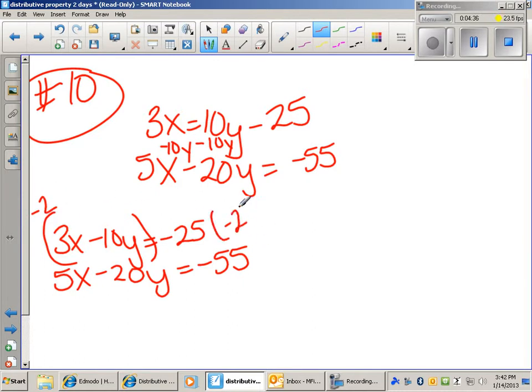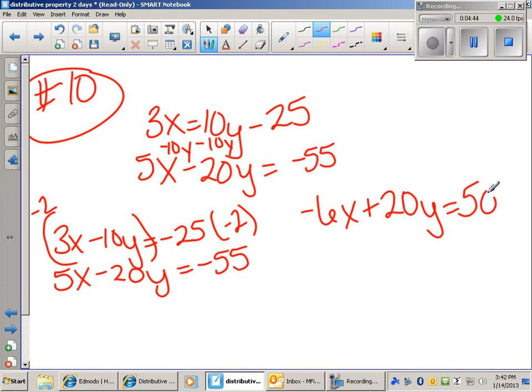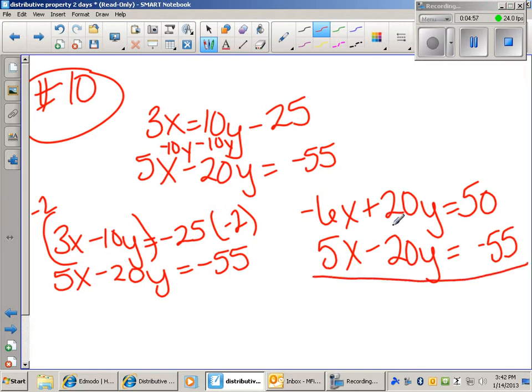So I'd have negative 6x plus 20y is equal to 50, and the bottom equation is going to stay the same. So it'll look like this. So then if I add the two together, the y's will eliminate. So I have negative x is equal to negative 5, so that means x is equal to 5.